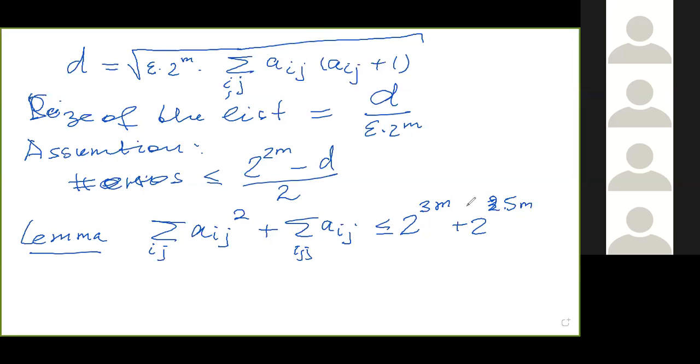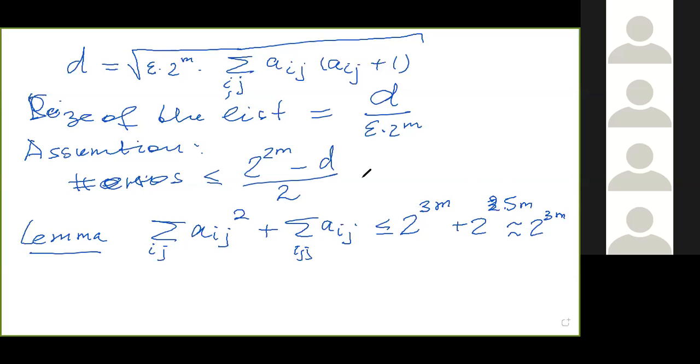So this is the bound for the first term, 2 to the 3m, and this is the bound for the second term. And so more or less, this is approximately, when m is large, 2 to the 3m.